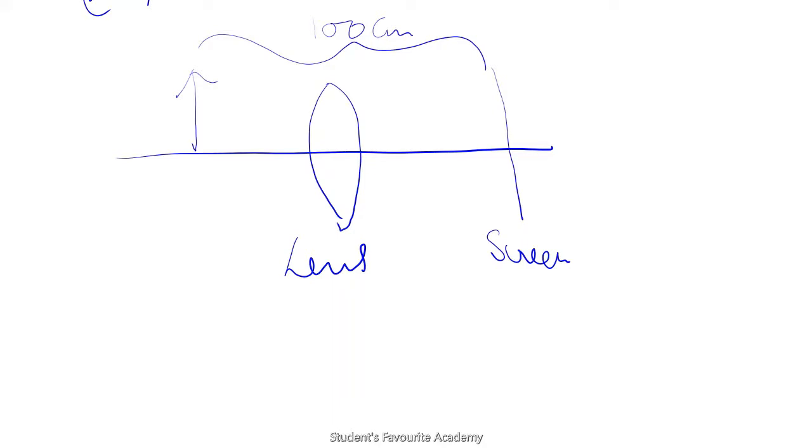A convex lens is used to form the image of the object on a screen placed at a distance of 75 centimeter from the lens. So the screen is 75 centimeter from the lens. That means this distance is 25 centimeter because the total is 100. So we have to find out the focal length of the lens and the magnification.